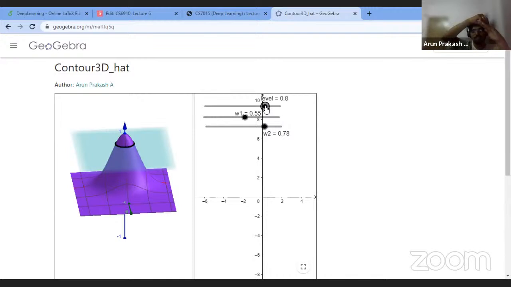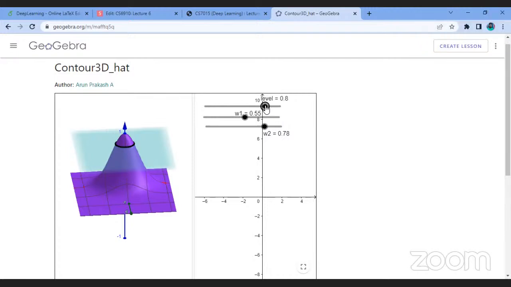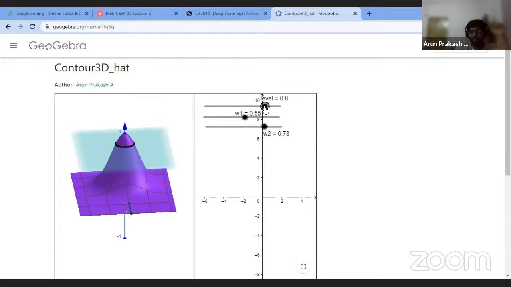If you measure the value across these contours for all the points, it is 0.8, because I am cutting the surface keeping z equal to 0.8. So all the values are 0.8, right? By looking at these values only, I can infer whether I'm moving towards the maxima. We can do this for various values of z, and then project it down to the xy plane. That's what generates the contour.